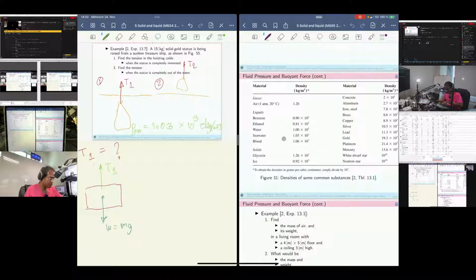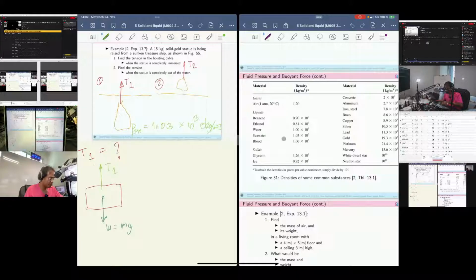This direction is positive. T1 is positive and B should be positive.